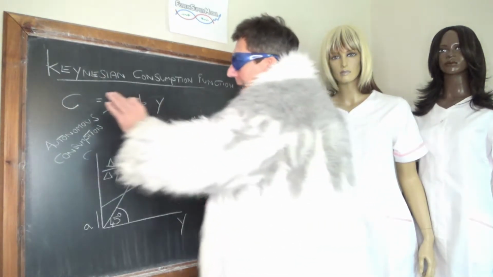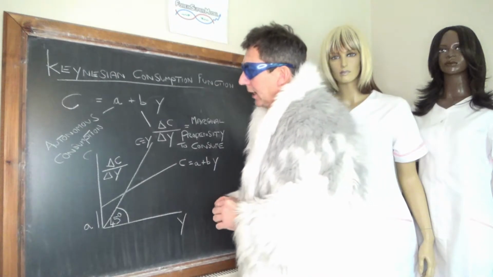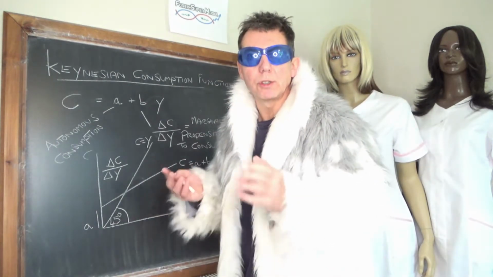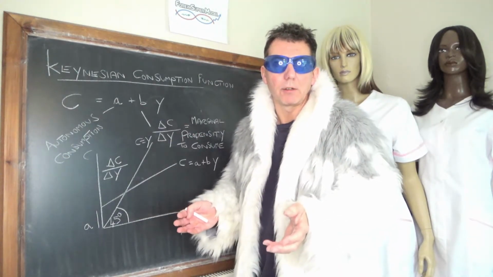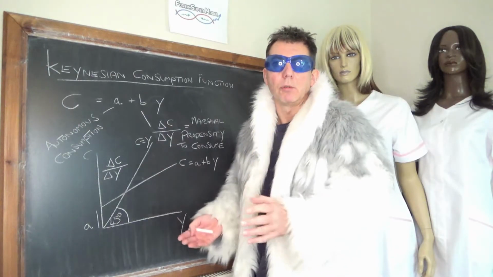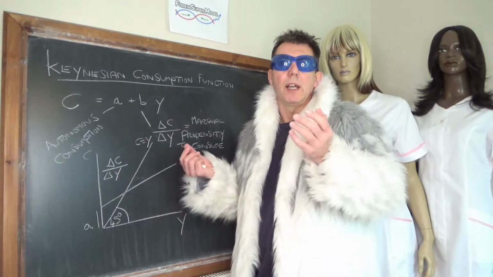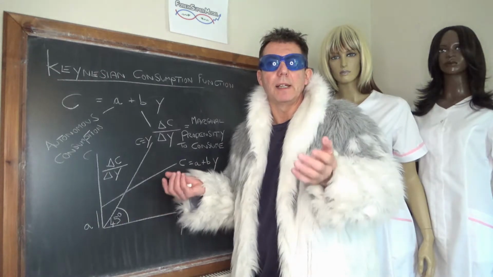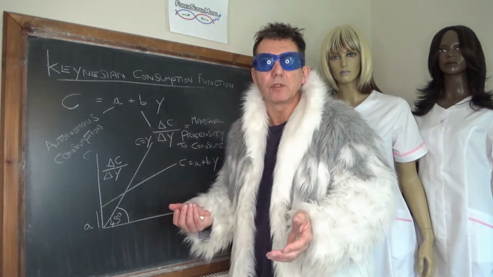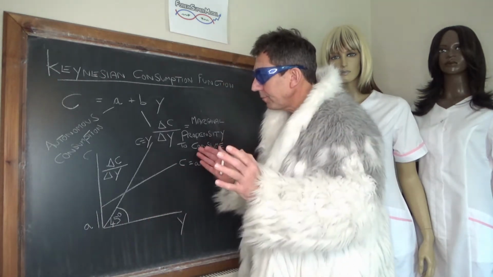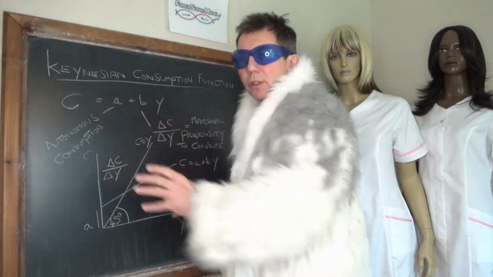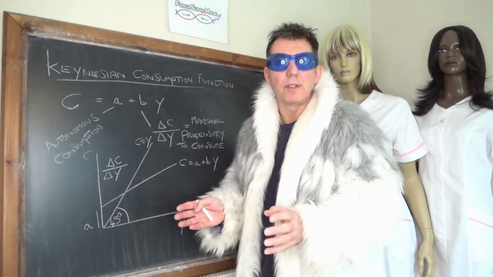Now A in this case is what's known as autonomous consumption. This is another economic term, autonomous. What does autonomous mean? It means independent of something. So in this case, an element of consumption is independent of income.